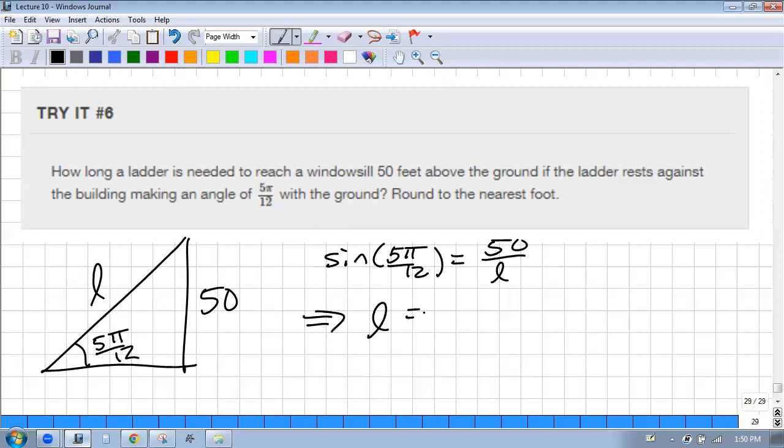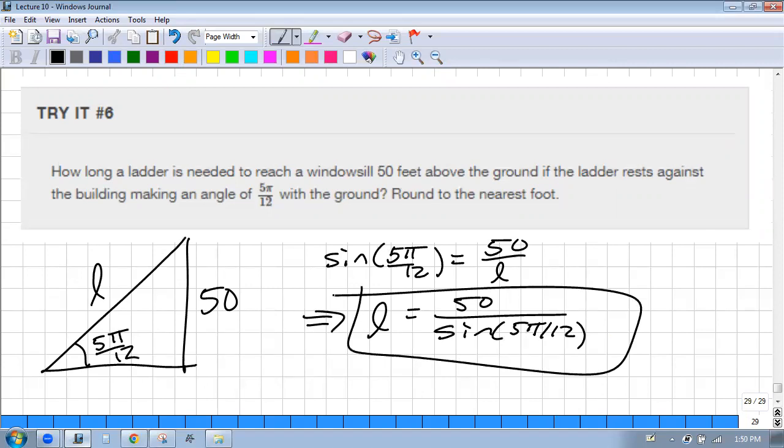So L is 50 divided by sine of 5 pi over 12. That's my answer. Of course, you'll have to plug that into a calculator and round it off to a decimal. That's how you do it. It comes straight from one of your basic definitions. It's all ratios. We good?